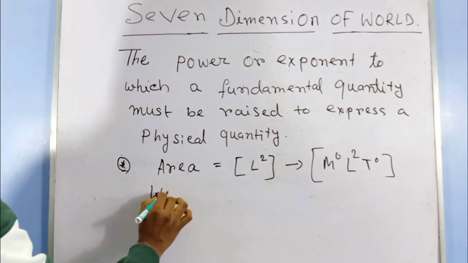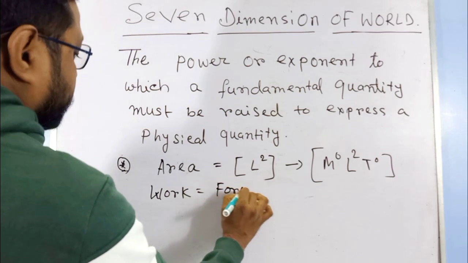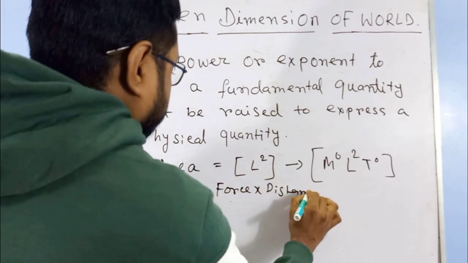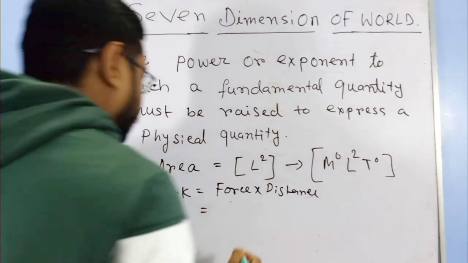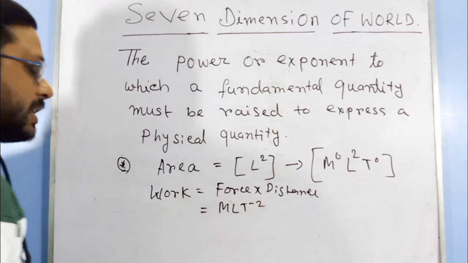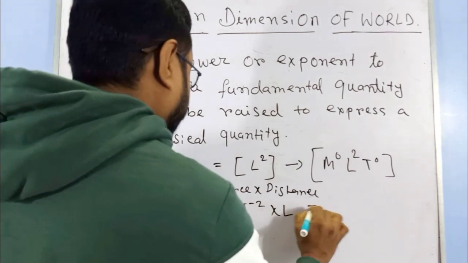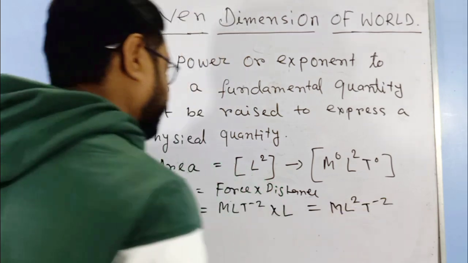Dimension of work, that is dimension of force multiplied by distance. Dimension of force is M L T minus 2, that is mass times acceleration, into distance L. So, M L square T minus 2.